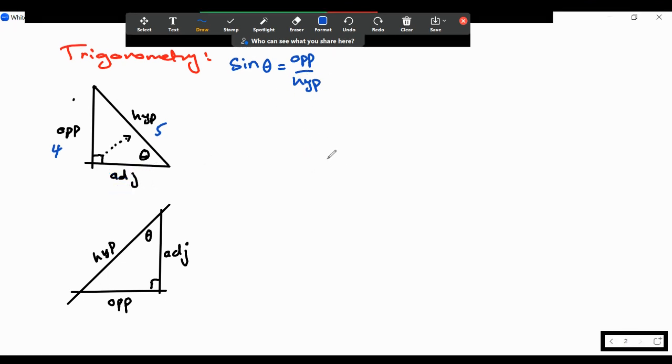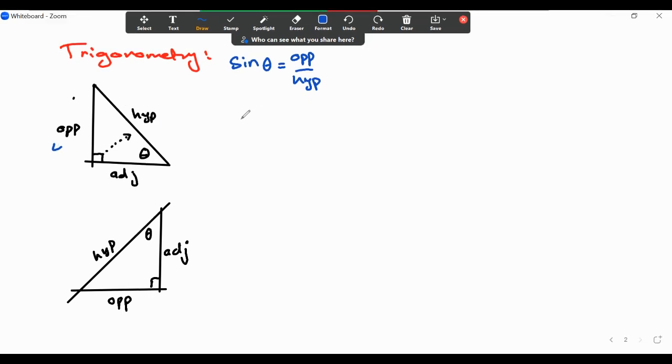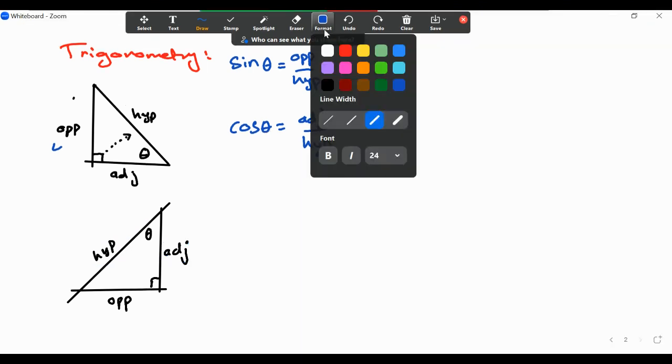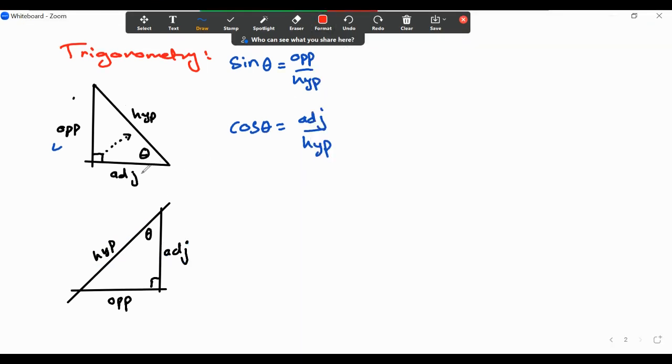And then we've got cos, which is given as a standardized ratio, adjacent over hypotenuse. So that would be this length over this length. And let's say this is equal to 3 and this is equal to 5, then this would be equal to 3 over 5.